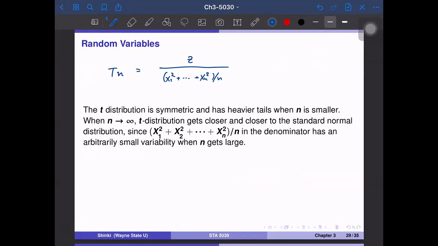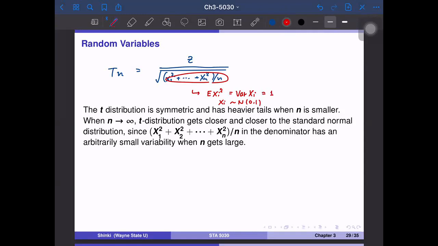But you can see that if n goes to infinity, by the law of large numbers this approaches the expectation of xi squared. And the expectation of xi squared is actually the variance of xi, because xi has mean 0, and this is actually 1.